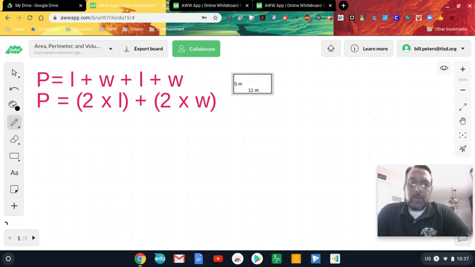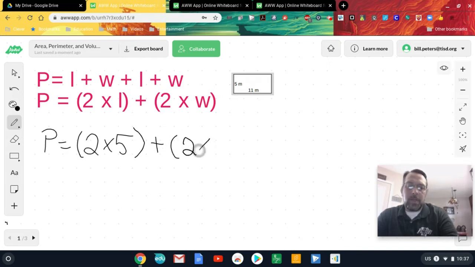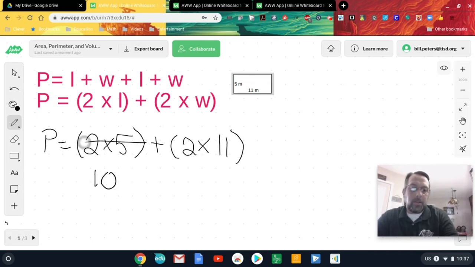Now let's do the second formula. P equals 2 times 5 plus 2 times 11. 2 times 5 is 10, plus 2 times 11 is 22. 10 plus 22 is 32.